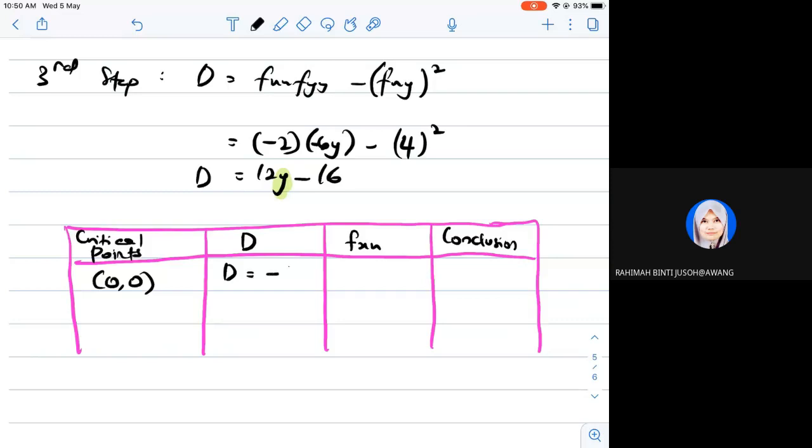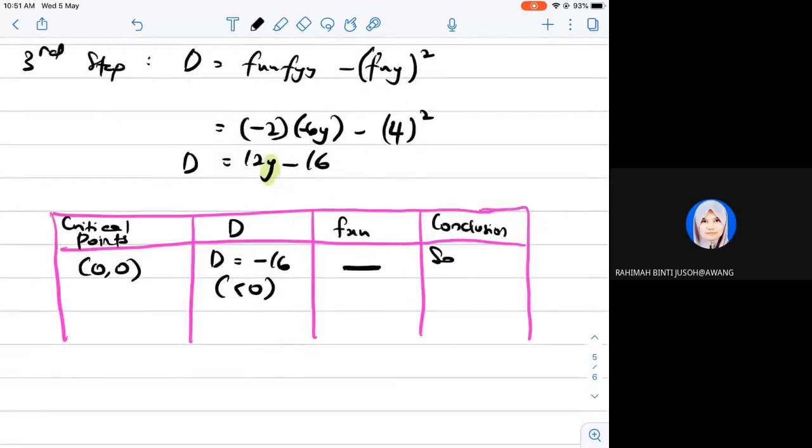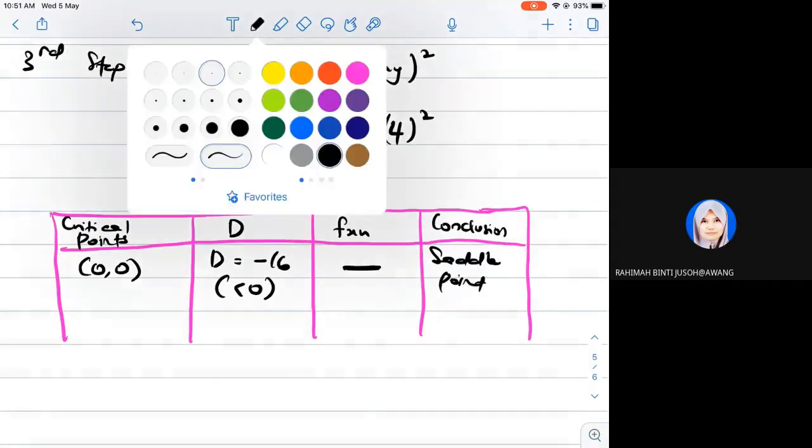Okay, this is less than 0. So bila less than 0, kena tengok tak fxx? No need, tak perlu. So dashkan je. Therefore, the conclusion is? Saddle point. Very good. Saddle point.